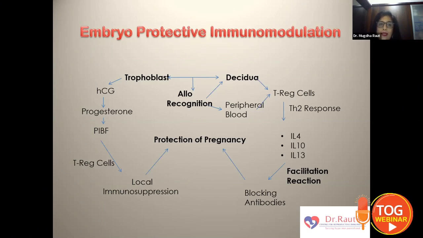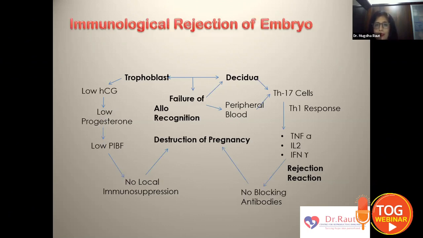On the other hand, the trophoblast starts producing HCG, progesterone, and progesterone-induced blocking factor, which in association with the Treg cells causes local immunosuppression, and this protects the pregnancy.